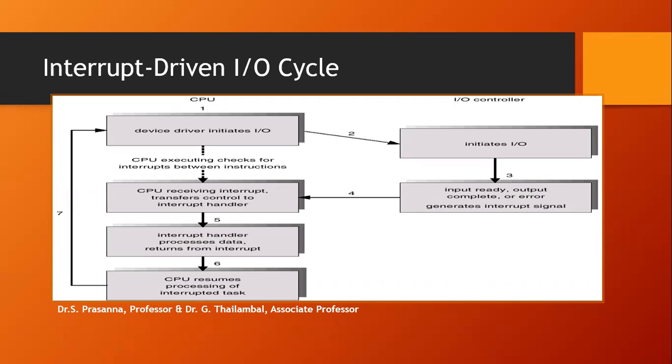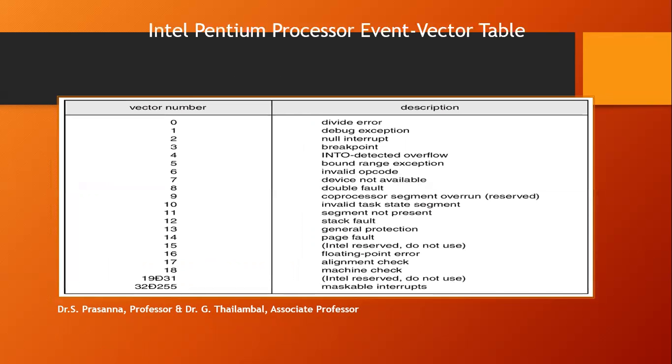It will generate an interrupt signal based on the state of the device, and afterwards the CPU receives the interrupt signal and transfers control to the interrupt handler. The interrupt handler processes the data and returns from the interrupt. Once it is out of the interrupt, the CPU resumes the processing of the interrupted task, and again the device driver initiates I/O. That is the seventh step. This continues until all the processes get their I/O cycle and execution completed.